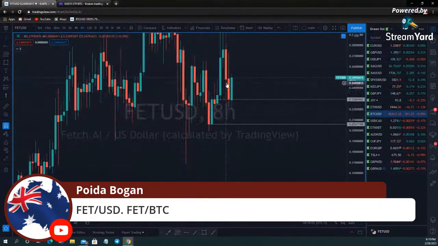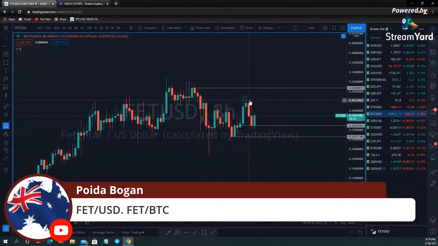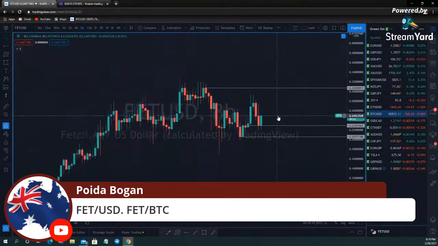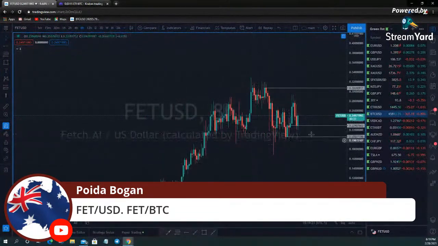Looks like people bought this market structure level right here. But you've got some work to do. You've got to take out these highs and then you can look for another pullback and an entry long. If you're looking to buy it and hold it forever, anywhere down here is a good area to buy a little piece and then add a little piece lower.